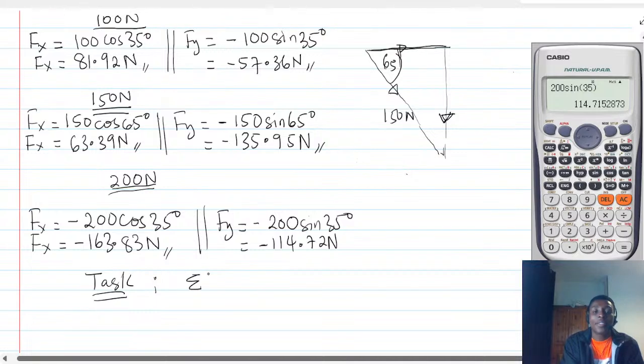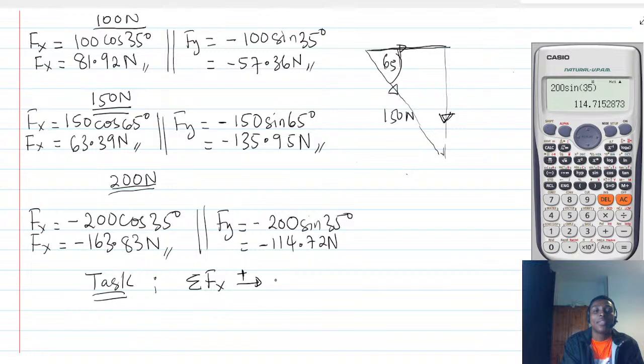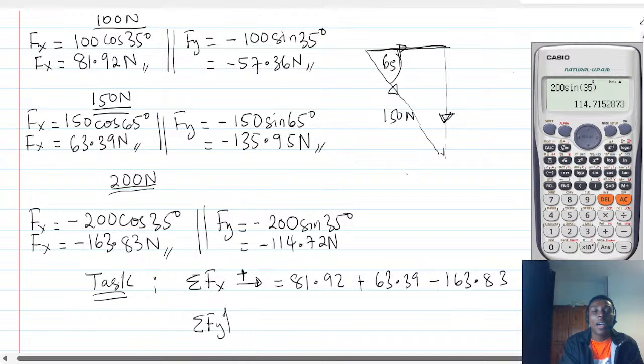Take your time and sum all the forces along the x and put them together. So which is 81.92 plus 63.39 minus 163.83. So I am not going to do that for you. Please try your hands and add them.